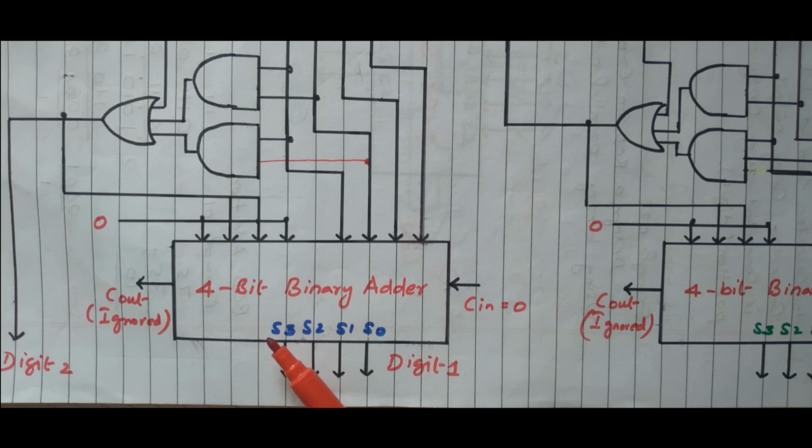The next 4-bit BCD adder gives the next 4 bits, right? So we got 8 bits. Finally we are using two 4-bit BCD adders in order to get the 8-bit BCD adder and the 8-bit BCD output, right? So in this video we discussed how to design an 8-bit BCD adder using 4-bit BCD adders.